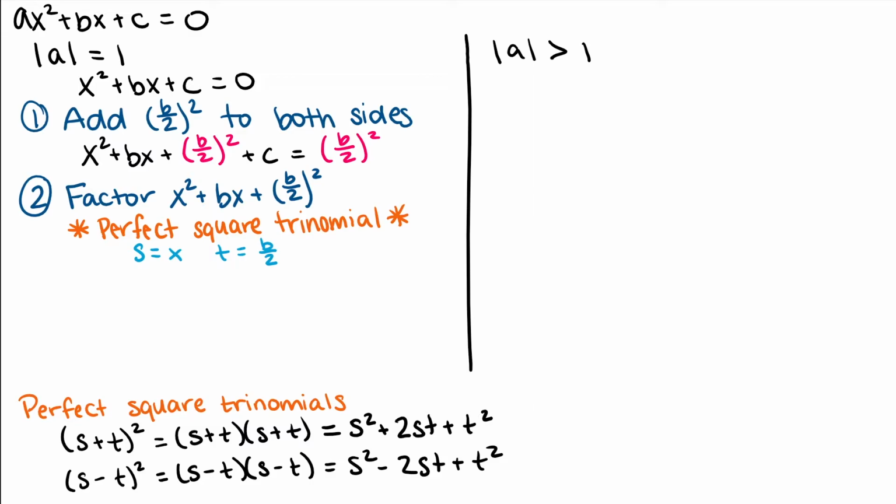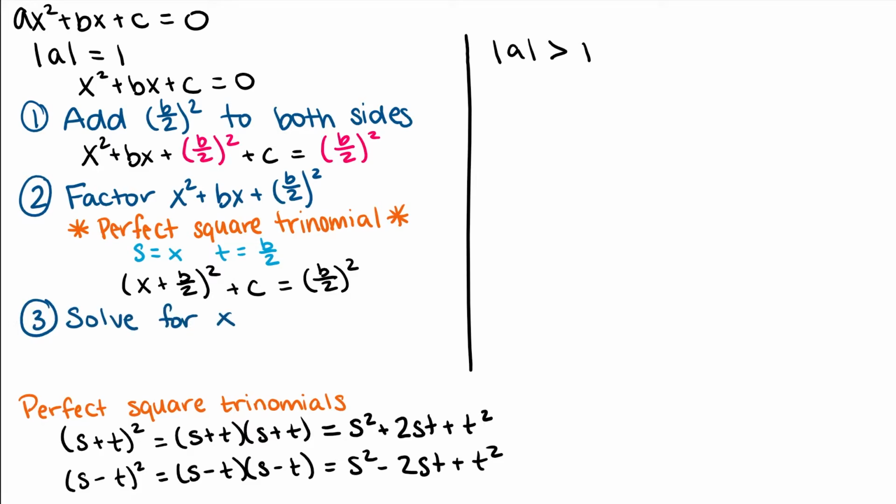As we have a b over 2 squared, that's the same as our t squared at the end. So that means we can take a shortcut when factoring our x squared plus bx plus b over 2 squared, and simply rewrite this as (x plus b over 2) squared equals b over 2 squared minus c.